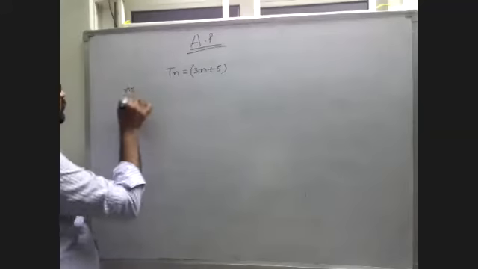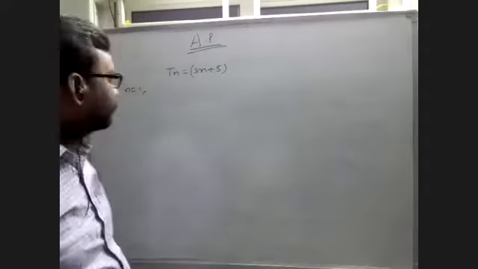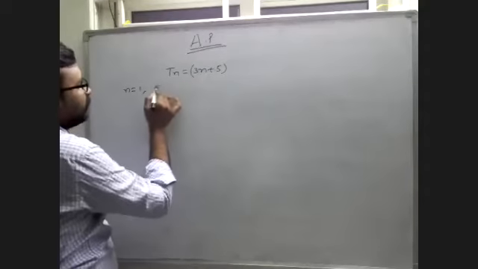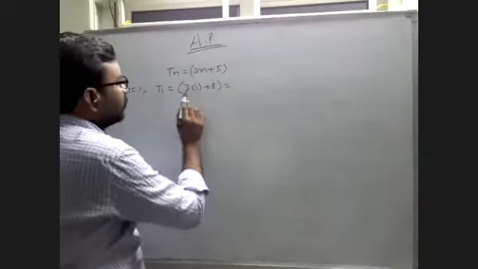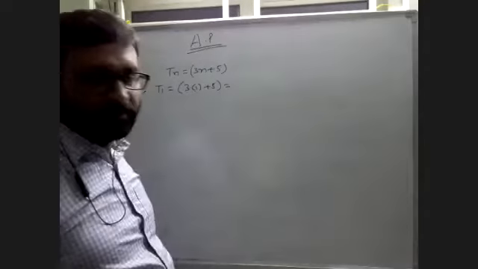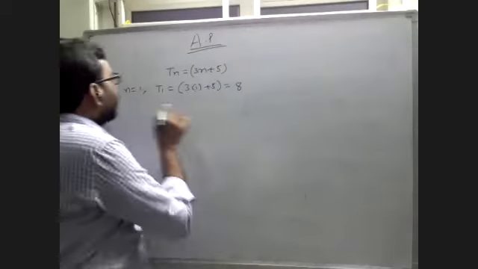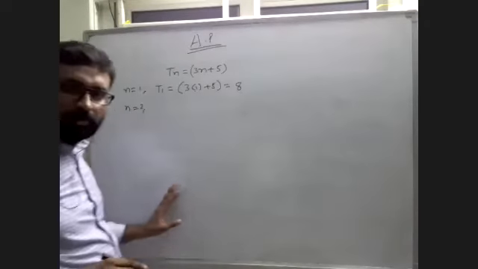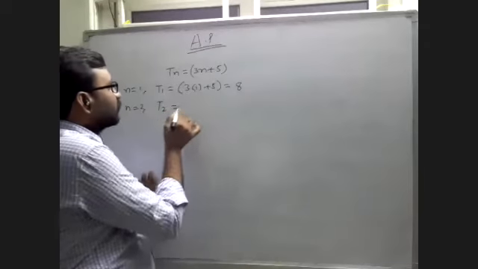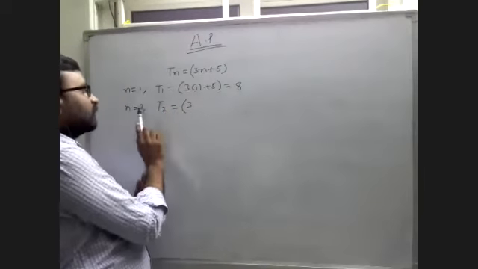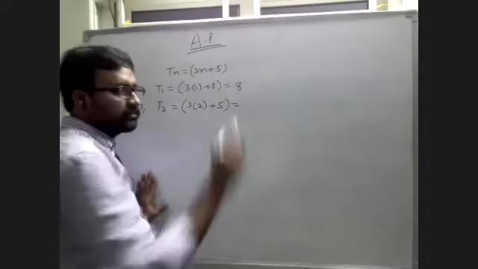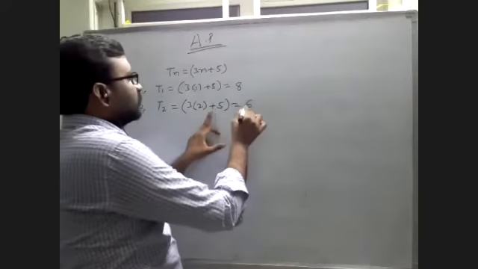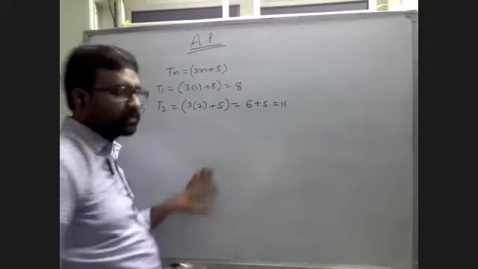If you substitute n equal to 1, then you will get T1, the first term, equal to 3 into 1 plus 5, 3 ones are 3, plus 5, you will get 8. If you take n equal to 2, T2 is equal to 3 into 2 plus 5, 3 twos are 6, plus 5 is 11.